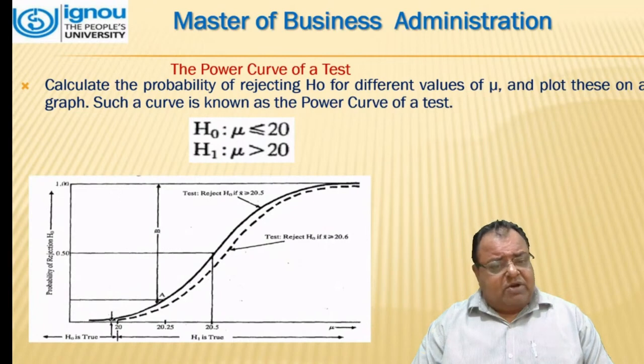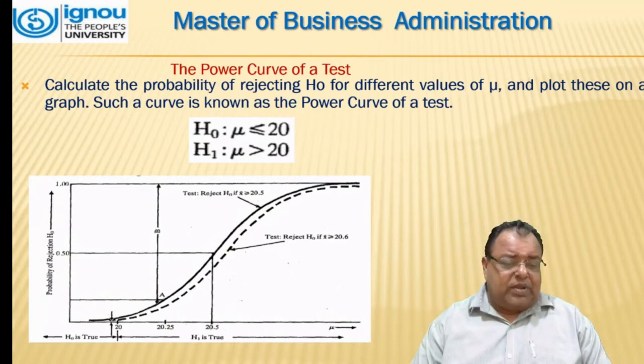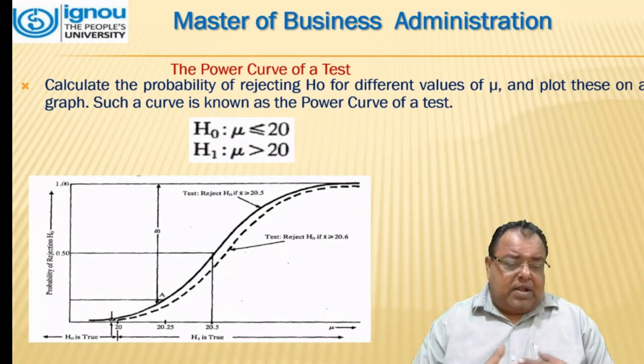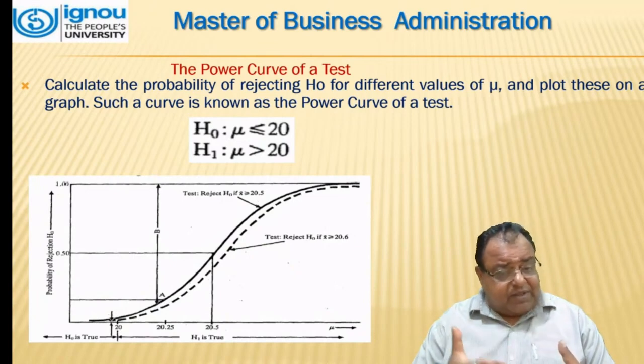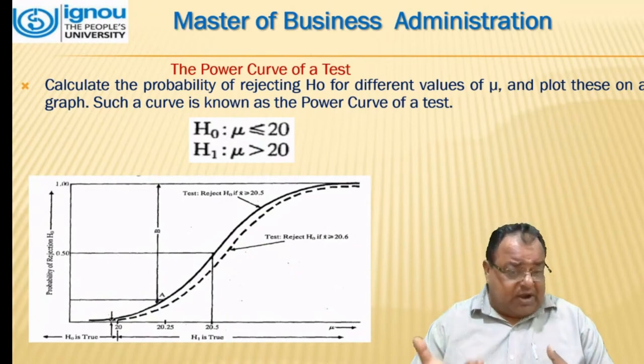Here, H0 is that mu is less than or equal to 20, and the alternate is mu is greater than 20. When we plot it on a graph, we will see there are two graphs: the graph with the bold line and the graph with the dotted line.